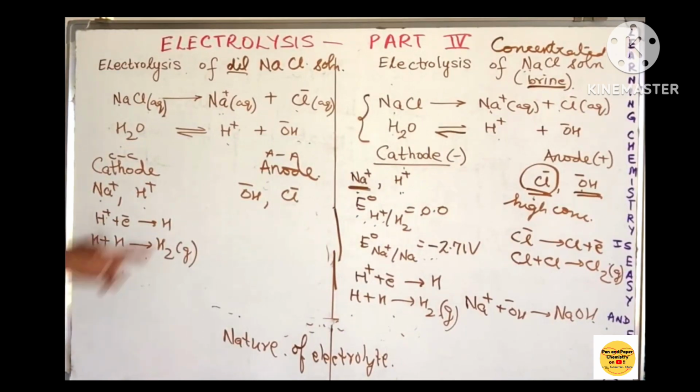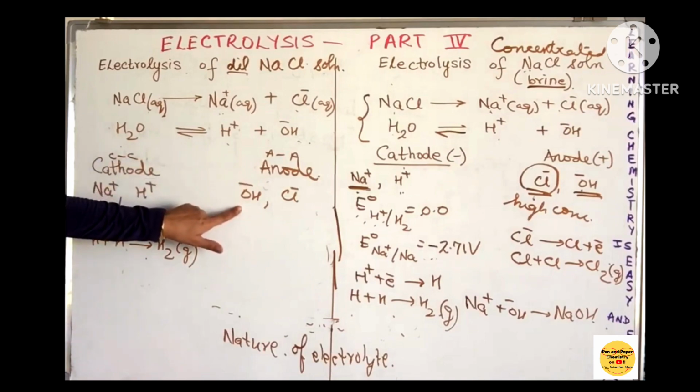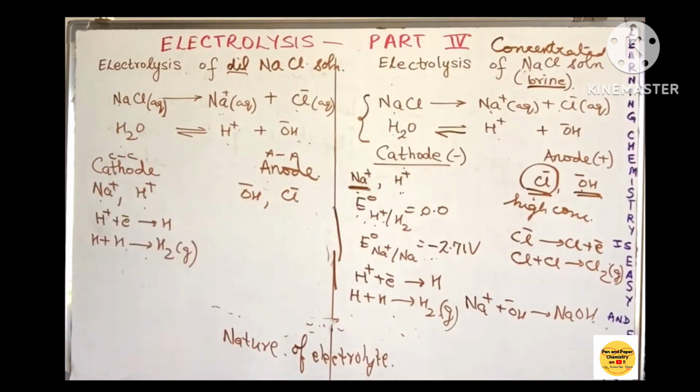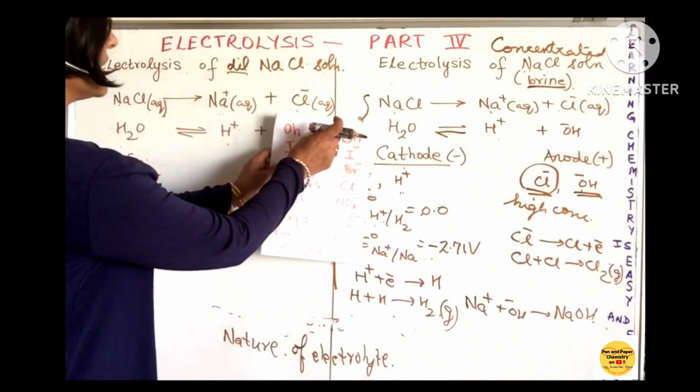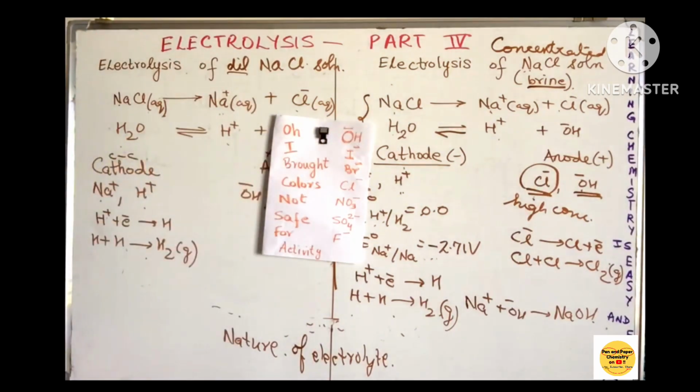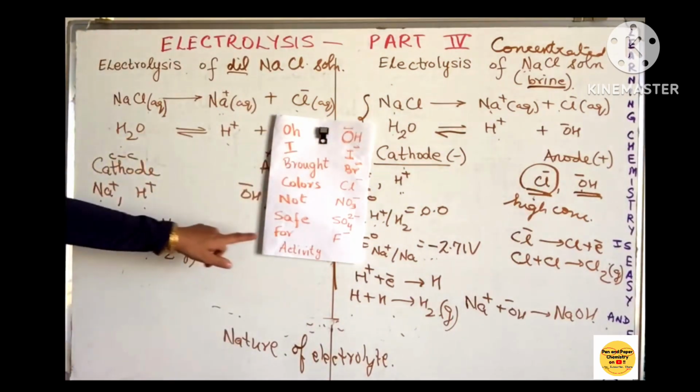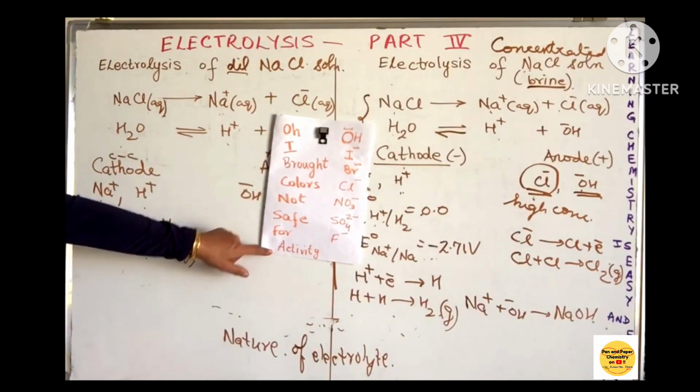Enough of those lectures. Coming back to the anode. Hydroxyl and chloride. Who's the winner here? Come on, recall what we have done earlier. This is what I had devised and given you: Oh, I brought colors not safe for activity. Remember?